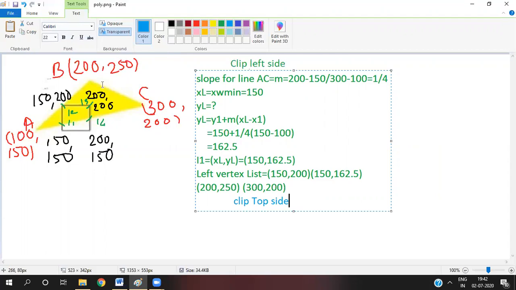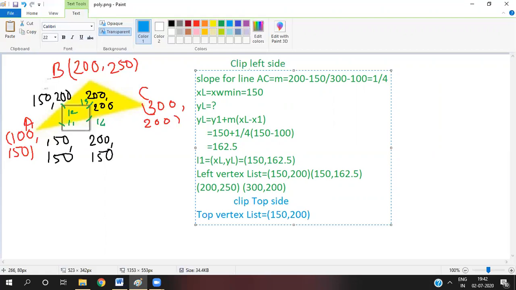Do we need to save anything? No, nothing is going to be saved here. So I will write the top vertex list directly. What vertices are involved here? 150 comma 200 is there.